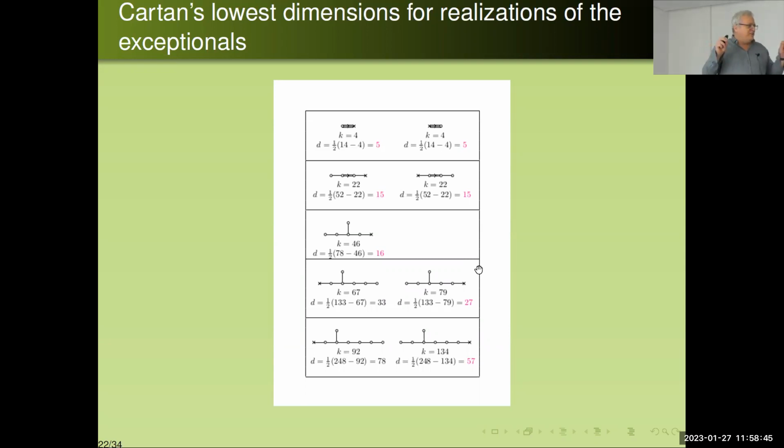So there are two non-equivalent ways of putting crosses. And if we just cross G2, then what remains is just A1, which is SL2, plus 1. So the dimension of SL2 is 3, plus this one is 4. So 14 minus 4 divided by 2. There is a realization of G2 in dimension 5. There is another realization of G2 in dimension 5.